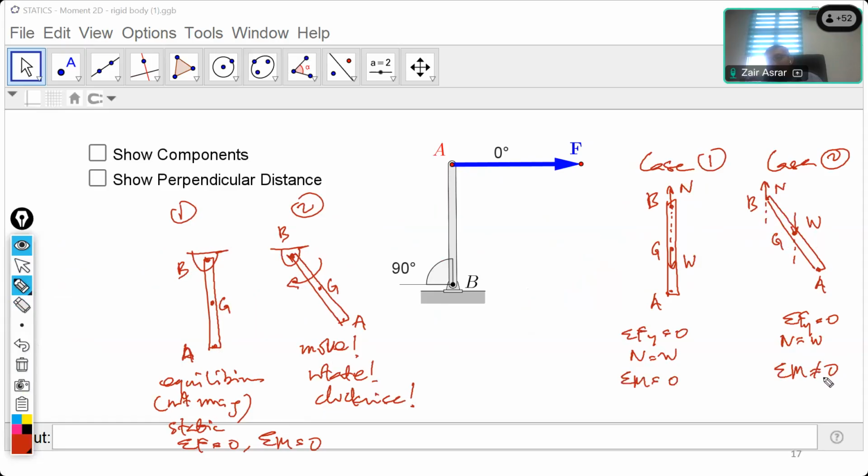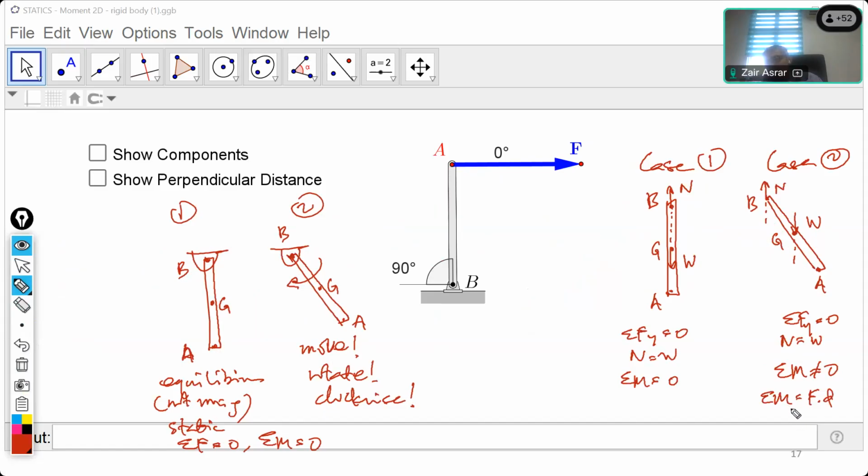So how do we tell? The amount will be equal to F times distance. So we need to take a point of moment, right? Where should I take the point of moment?